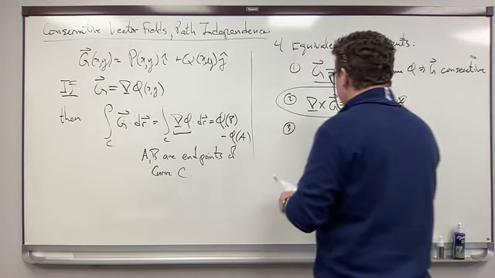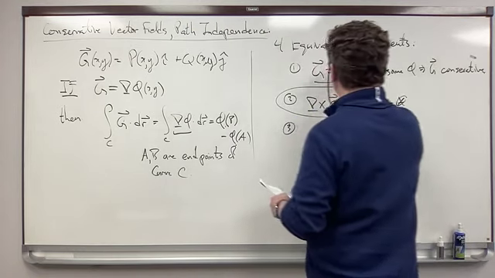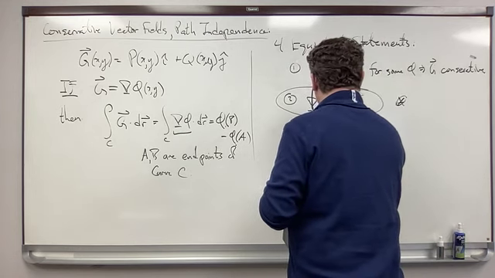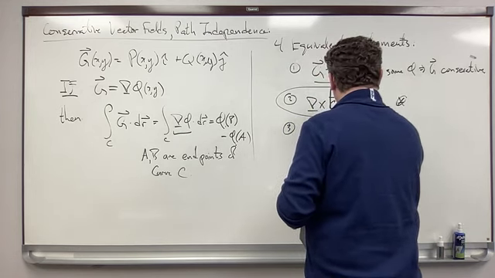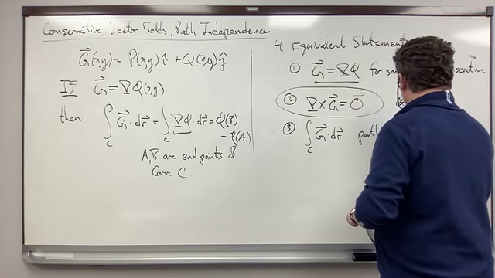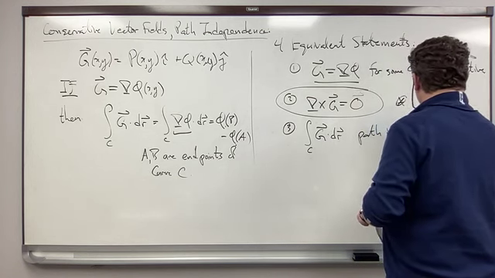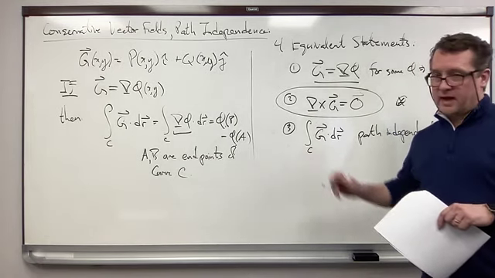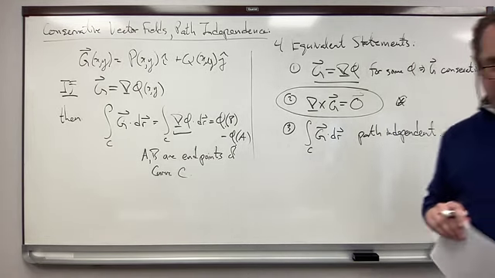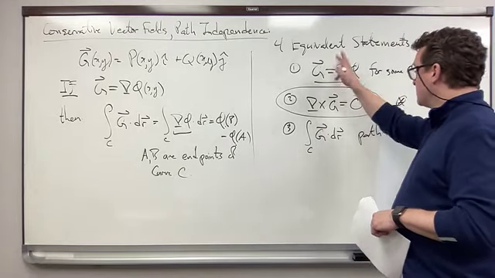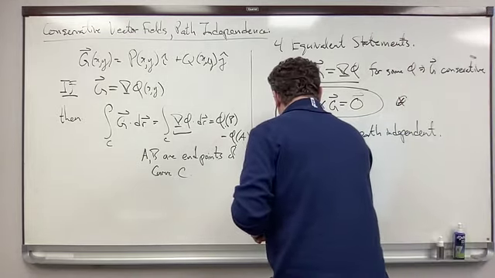Mechanically or practically, the third thing that must be true, if any of these is true, is that this contour integral of G dot dr is path independent. It doesn't matter what curve we take between point A and B, the value will be the same. If that's true, this is true. If this is true, that's true. So this is all 3 of them together.